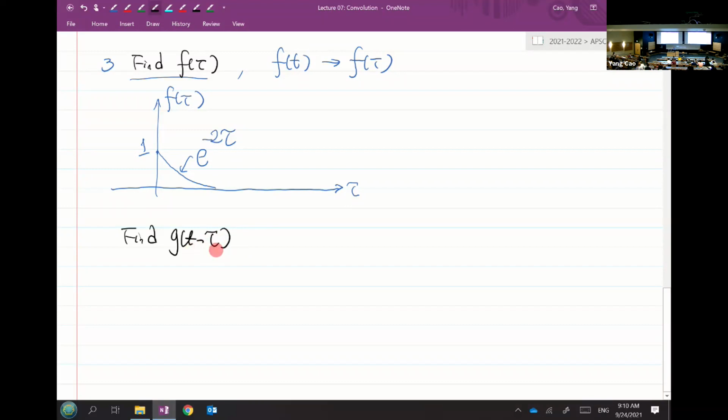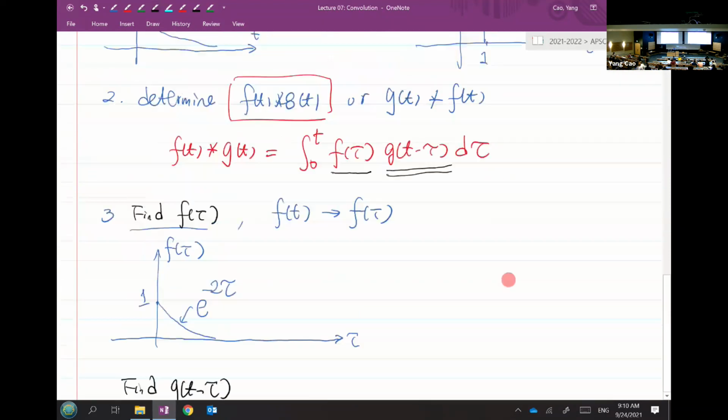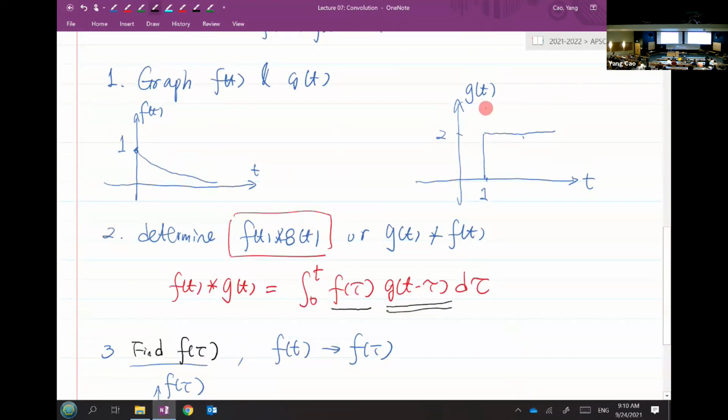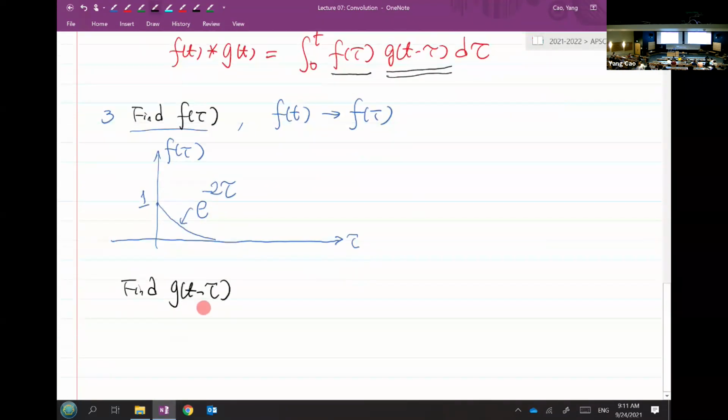Before I present the detailed steps, let's think about how I can get g of t minus tau from g of t. You have been given g of t, and now you're looking for g of t minus tau.